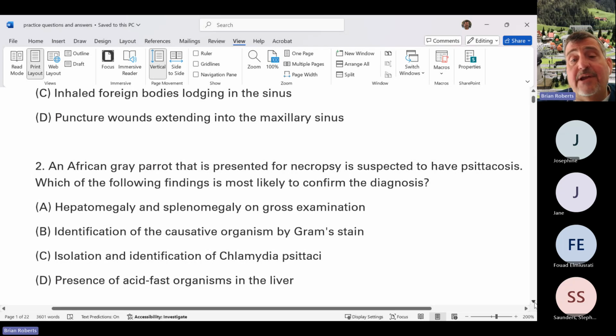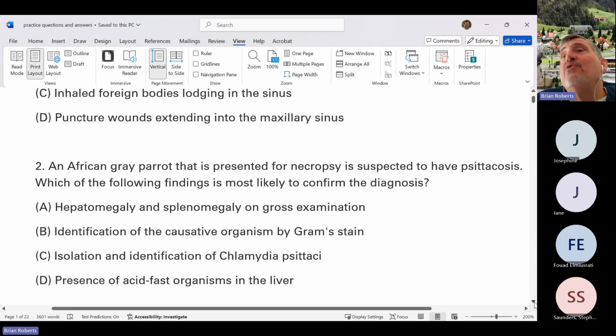Gram stain, right? Even if we don't know what psittacosis is or what it's caused by, I do know what a gram stain does. It stains gram positive and negative types of bacteria. And if I do a gram stain and I see gram positives, that could be staph or strep. They're both cocci. I don't know which one it is. Same thing with acid-fast organisms in the liver.